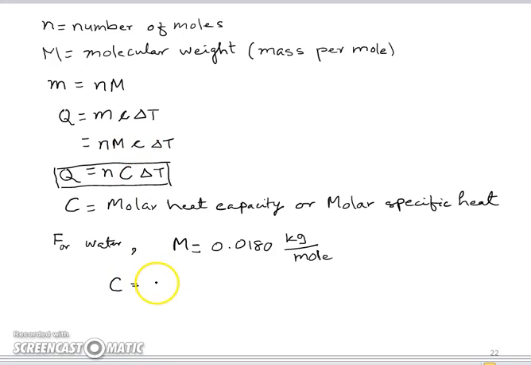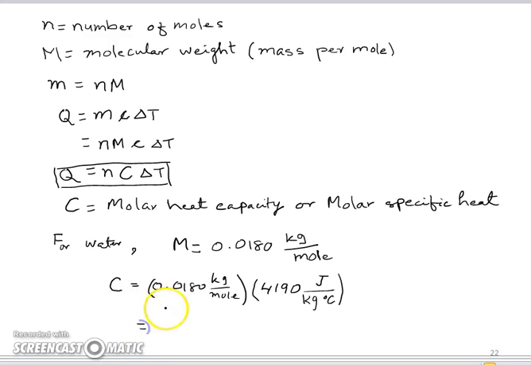So that will be 0.0180 kilogram per mole, this is my M, and the specific heat, if you remember the earlier one, was 4190 joule per kilogram per degree Celsius.